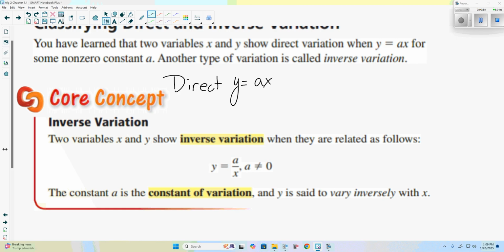Now, it's not the only way we can write it, because we can say y equals a times x, or we can say x is equal to a times y, or we can get x and y on the same side. We can divide both sides by x and that tells us that y over x is equal to a. These are all the same form of direct variation. They're just different ways to write it.